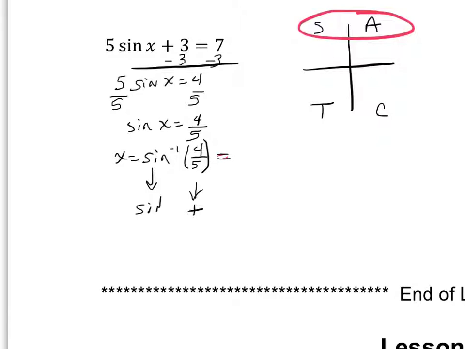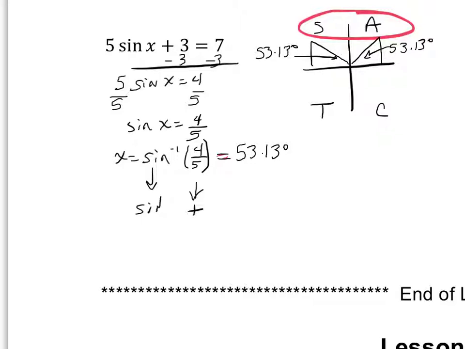So 4/5, and the inverse sine of that is going to be 53.13 degrees, same as the other one. So 53.13 degrees for this reference angle, as well as 53.13 degrees for this reference angle.